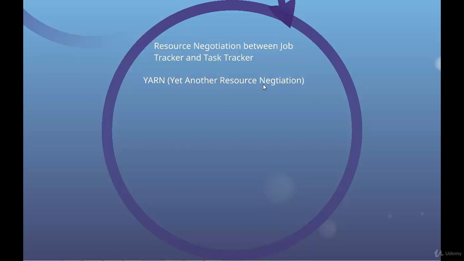And now in 2.x, Job Tracker is no longer a master. So Job Tracker is known as Resource Manager. Similarly, the Task Tracker was a slave, but it's not a slave anymore because of the negotiating process that happens. So Task Tracker is called a Node Manager.